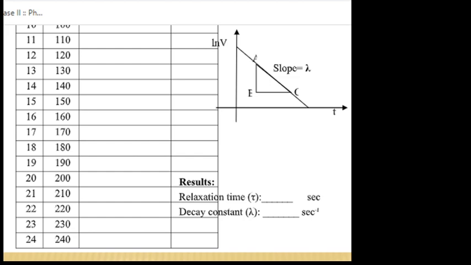So here you see you get a line of negative slope for ln V versus t, okay, and this way you are able to find out the lambda, so the slope value will be the lambda.